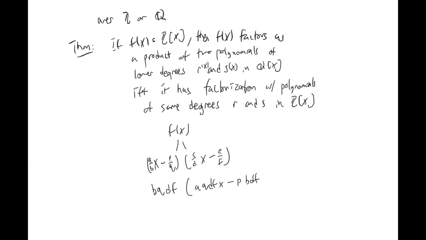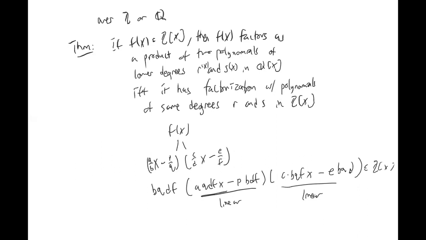times something like (b q d f x minus e b q d), right? So these are all integers. Again, this is of the same degree, still linear, but now this is in Z of x.